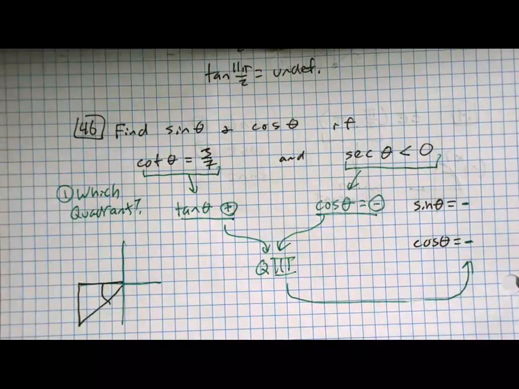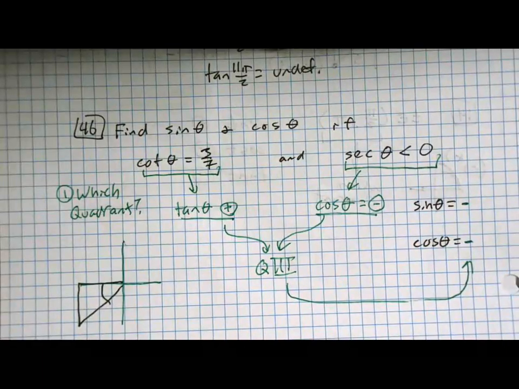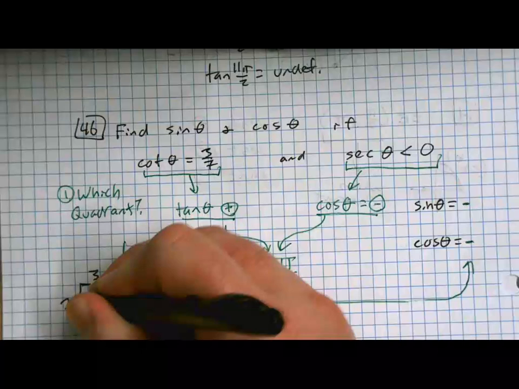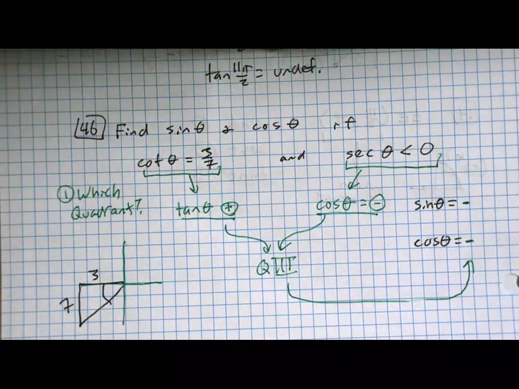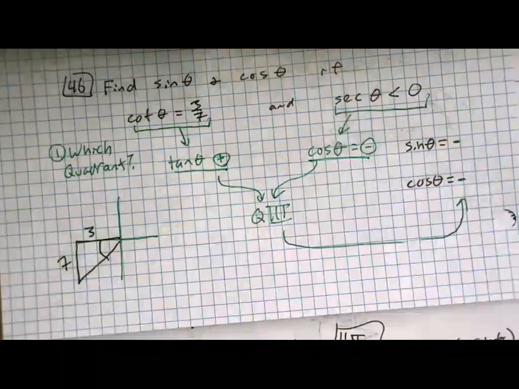Then we do our reference triangle. Cotangent is adjacent over opposite, so we'd have a 3 and a 7 here. If we're talking sine and cosine, we're going to need that hypotenuse as well. How do you suppose we're going to find it?